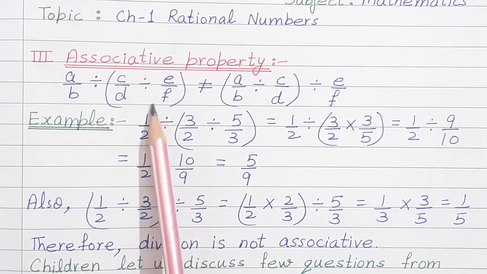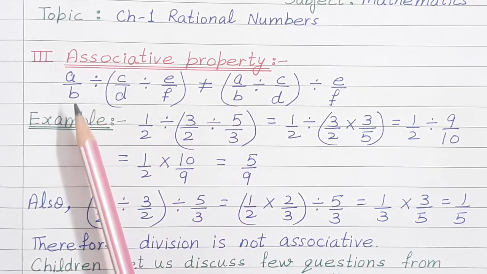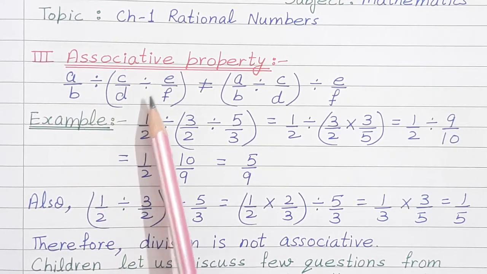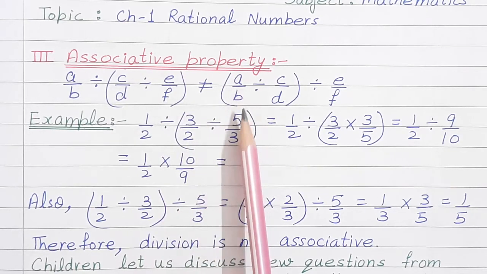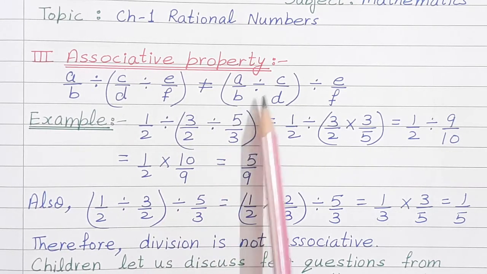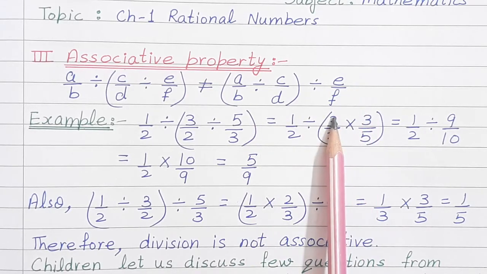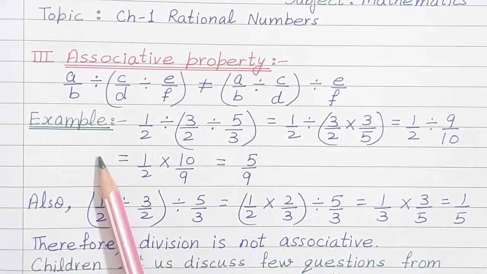Now let us discuss the next property, that is associative property. A upon B divided by C upon D divided by E upon F is not equal to A upon B divided by C upon D divided by E upon F. Now let us try to understand this with the help of an example.